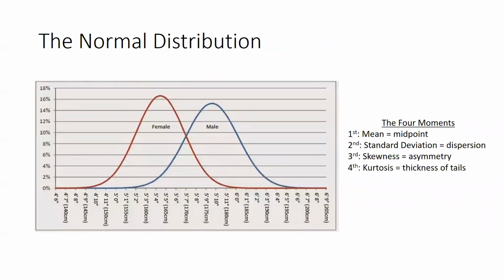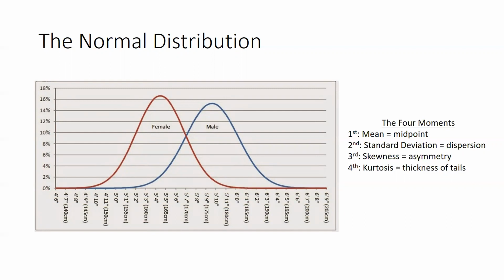What I'm showing you on the screen here is the probability distributions of height for men and women in the United States at the latest reading. You can see from the graph that the average man in the United States of America is right around 5'10", just a little bit south of 5'10", and the average height for a woman in the United States is right around 5'4". What I want you to take away from this graph, though, is this is a probability distribution.